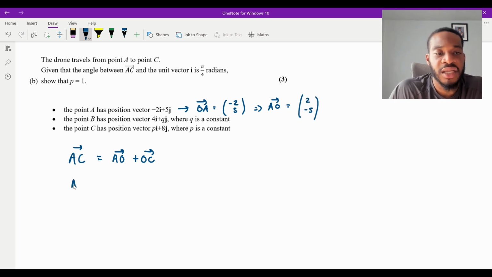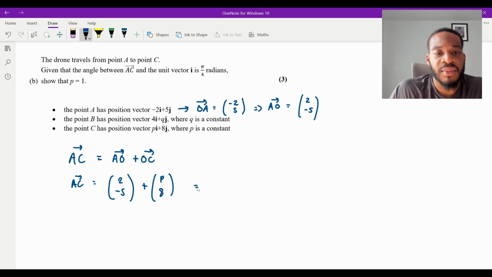So therefore, A to C is going to equal (2, -5) plus O to C, which in this case is (p, 8), isn't it? Like that. Perfect.